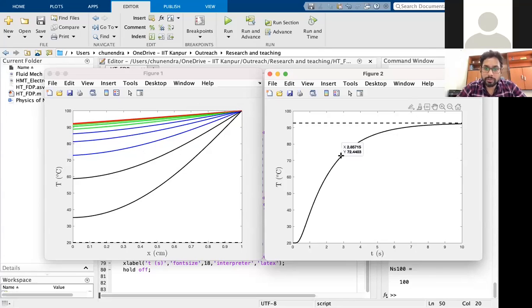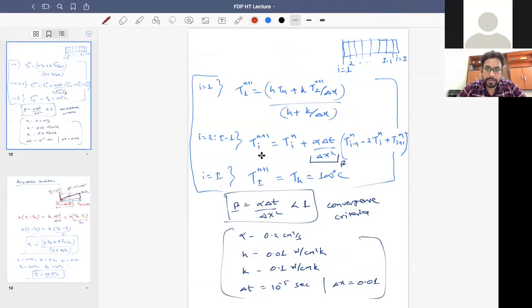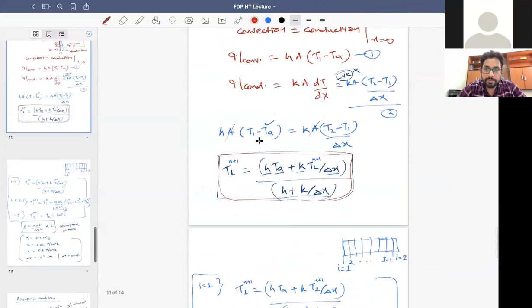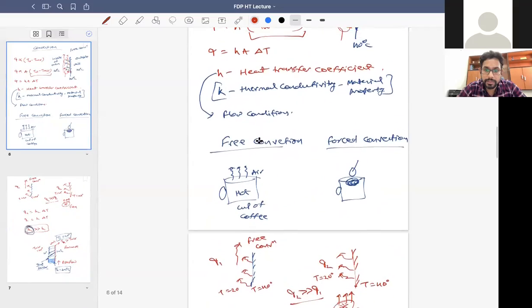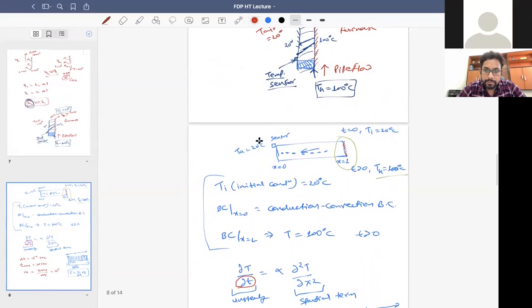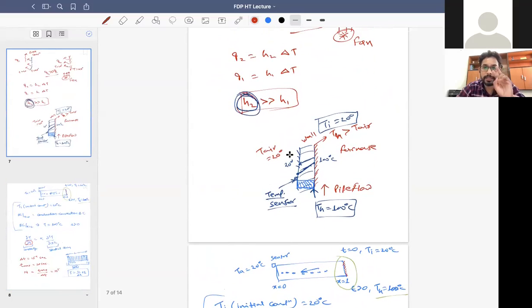So two things which we wanted to see from this analysis: when you design a sensor, our main aim, let me go back to the problem that we started discussing. You remember we discussed two things.